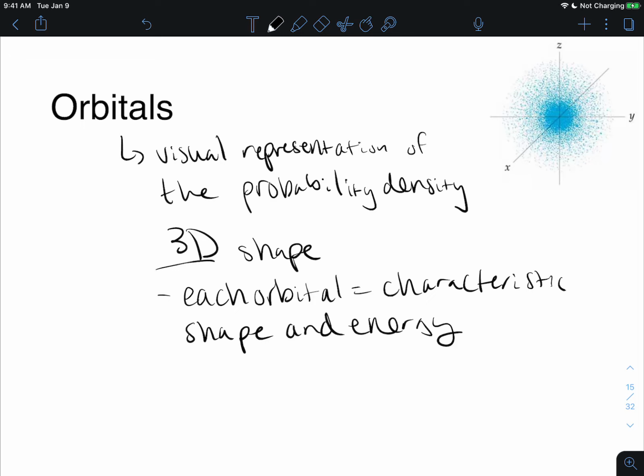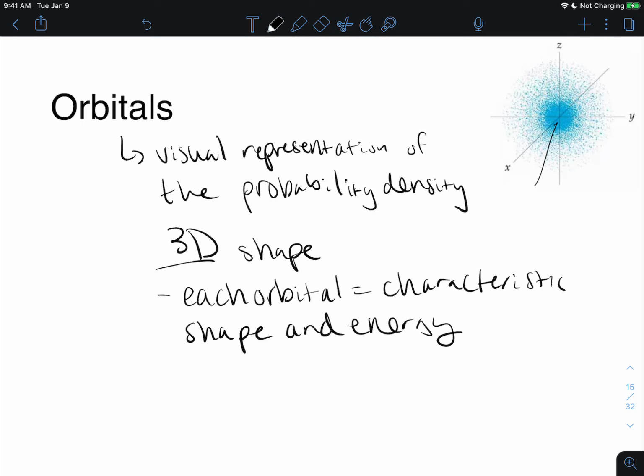This is nothing like the orbits that we saw in the Bohr model or in Rutherford's model, where he just talked about this circular distance, the idea of the electron orbiting the nucleus like the planets orbit the sun. So it's not the same thing, right? Here we have this three-dimensional visual of where the electron density can be.